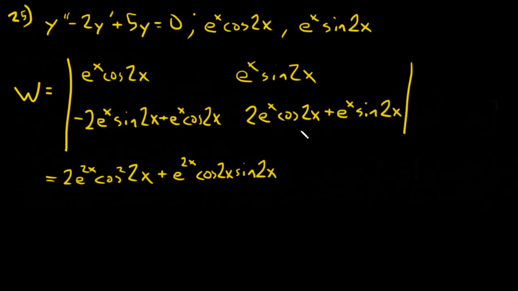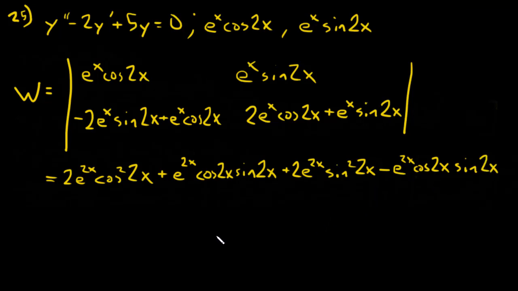Okay, so that's the first part. Then subtracting this times this. So minus minus, the first term is going to wind up being positive. So plus 2 e to the 2x sine squared 2x. And then this term times this term is going to be minus e to the 2x cosine 2x sine 2x.